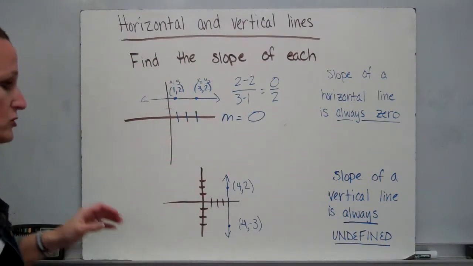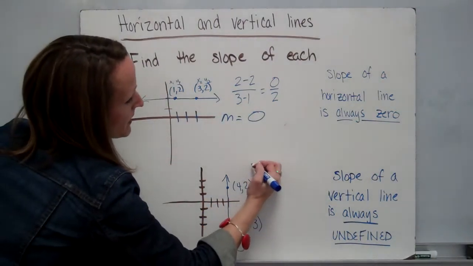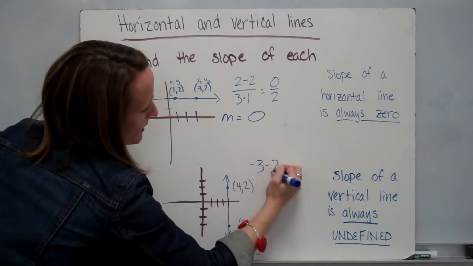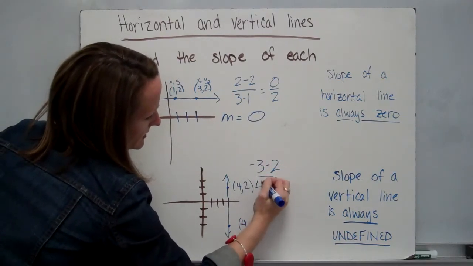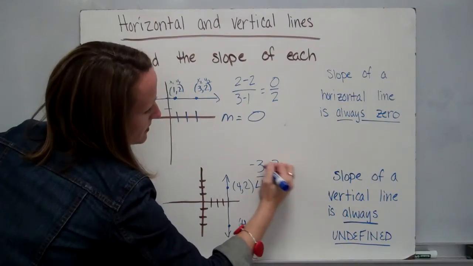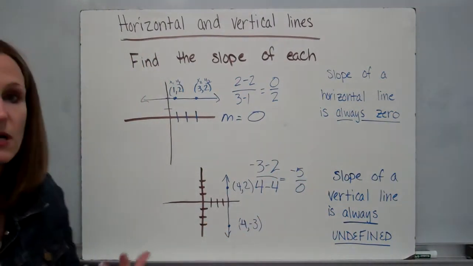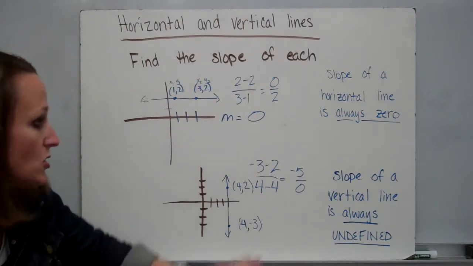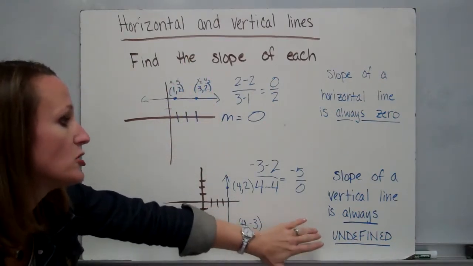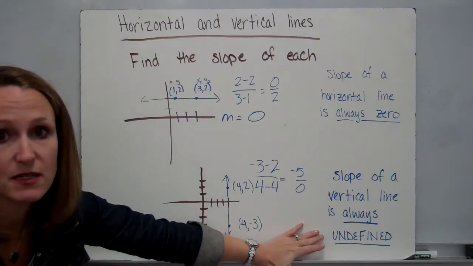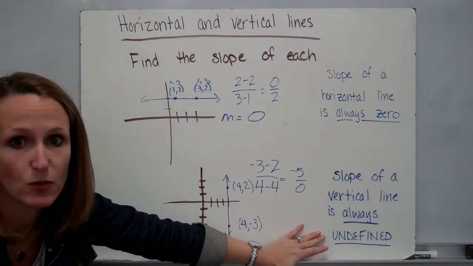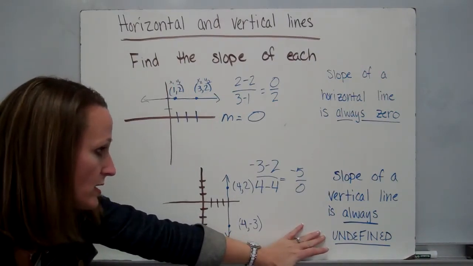Well, what about a vertical line? So look what happens here. I can do my y2 minus y1 over my x2 minus x1. So up top I get negative 5. On the bottom I get 0. Well, you never want 0 in the bottom of a fraction. So when you have a vertical line, your slope is undefined. Why is it undefined? Because it's straight up and down.